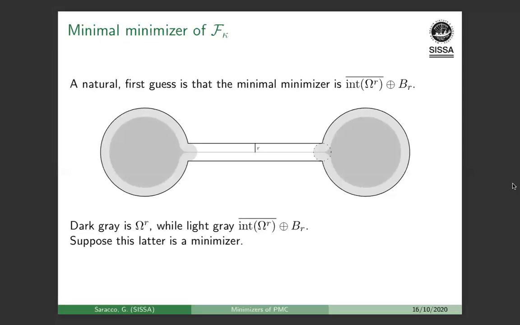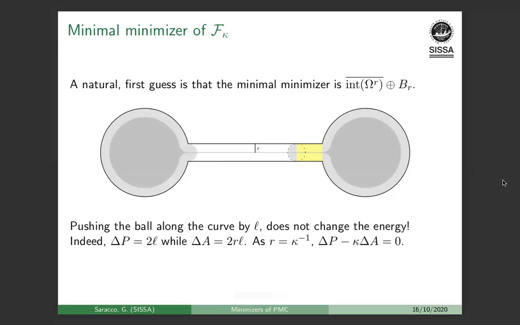Now, if we suppose this guy is a minimizer, then we can consider one ball of radius r, the one that was defining the internal boundary, and push it a bit forward inside the tube. And this you can do because we chose exactly the width of the tube to be twice r.